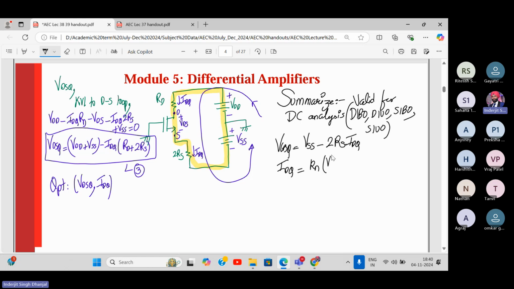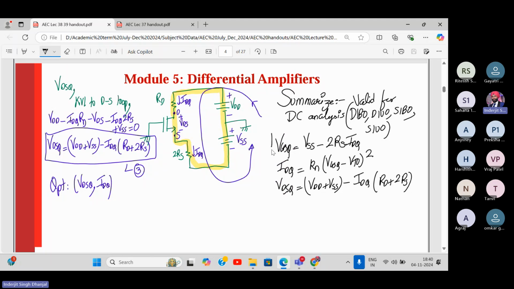IDQ is Kn times VGSQ minus VTO, or VTN, whatever you call it, square. And what is VDSQ? It's VDD plus VSS into minus IDQ into RS plus twice RD.